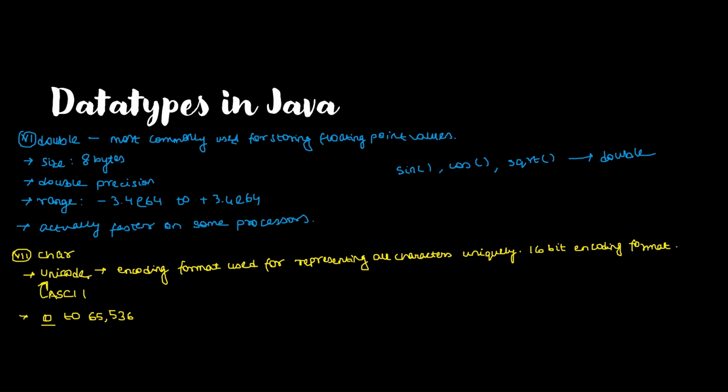Unicode characters and Unicode numbers all range from 0 to 65536. So basically the size of a char data type is 2 bytes or 16 bits, so it does not fail the Unicode standards, and that is why this range. At the time of Java creation, Unicode required 16 bits, and thus Java char is also a 16-bit type. There are no negative characters, as I said.